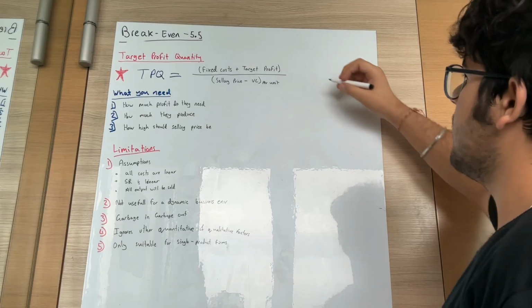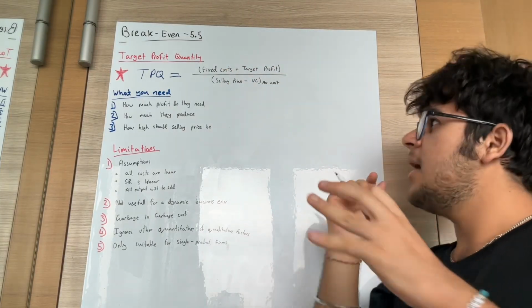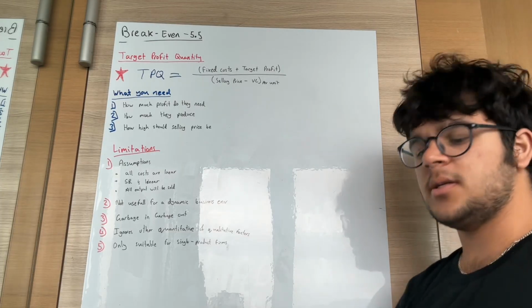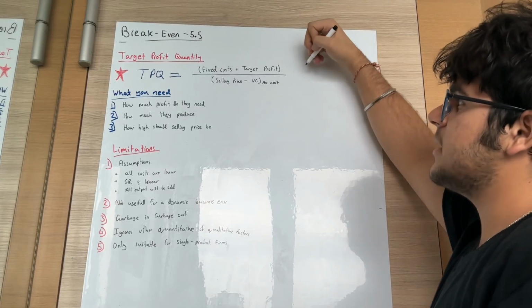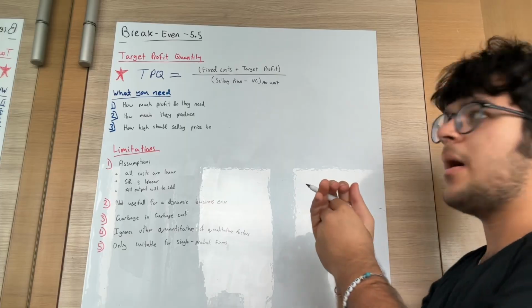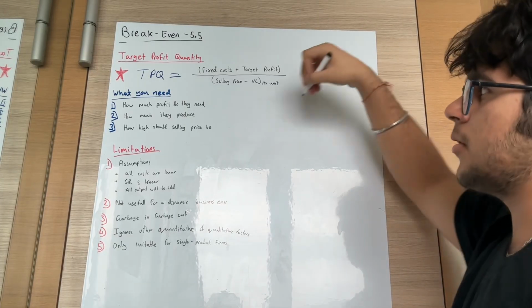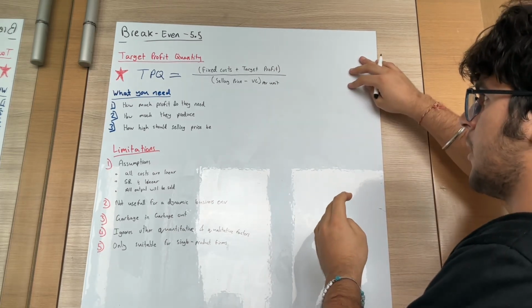If you just get rid of target profit, then this is just your break-even point equation. So the essence of it is, this is something that people really struggle with, but I think it's actually quite simple, because the idea of break-even is that your fixed cost is the minimum you have to earn, divided by how much you earn per unit, okay?